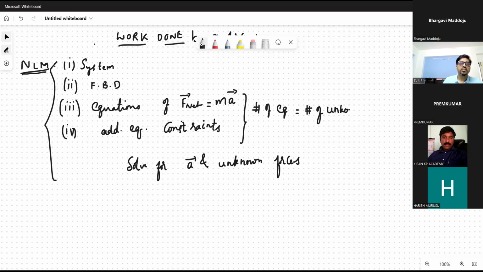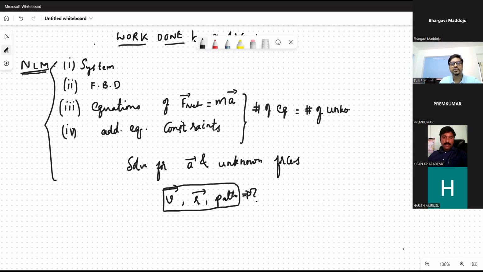But suppose in some situations you don't want acceleration, but you want velocities. You want to find velocity, you want to find position, and you want to find the path. If these are the things that you want to find, then you need to use additional mathematics. That's where calculus comes in.